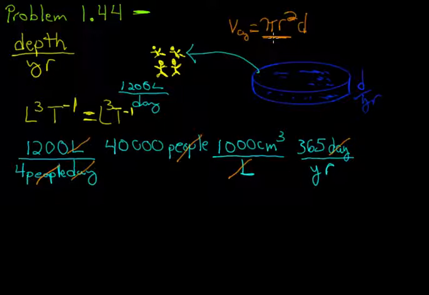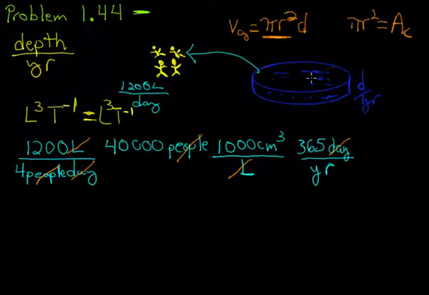But this part here, pi r squared, is the area of a circle. And so what we have happening in a cylinder is that the volume is the area times the height.